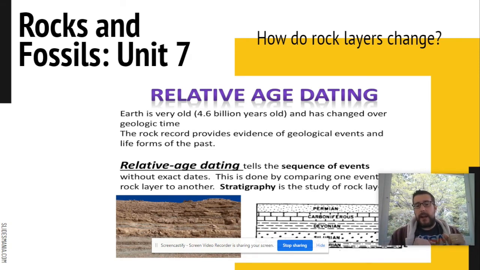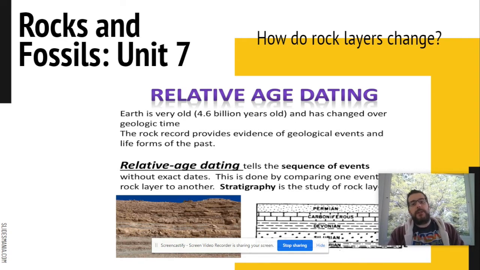So they talked about that a little bit at Sharktooth Hill, and that we knew the stuff above the shark fossils was newer, and the stuff below them was older. So this is our vocabulary term for today, relative age dating. We're going to look at it a few different ways and see what we can learn from it.